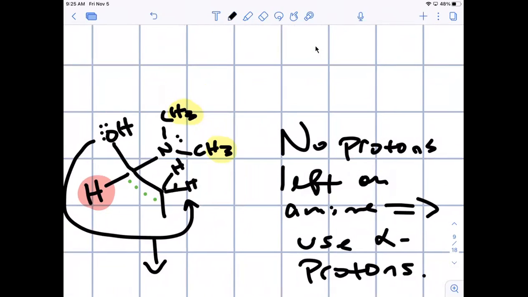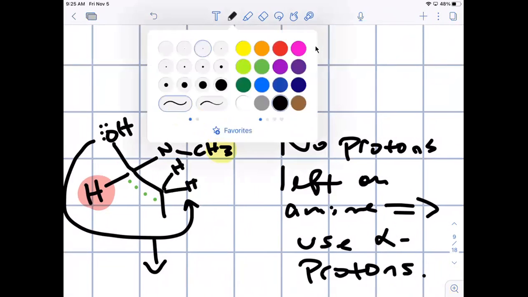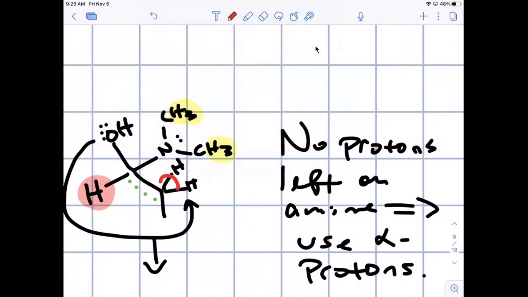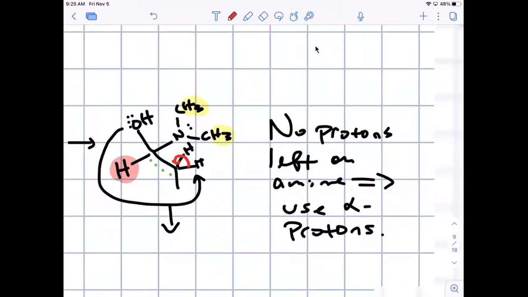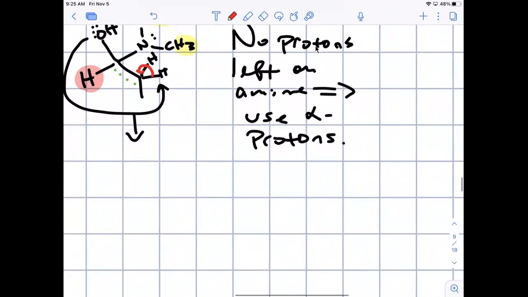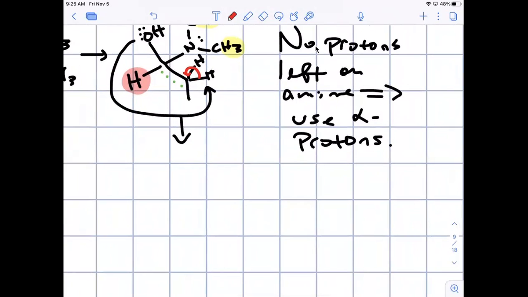Right, and then that pair of electrons I'm putting here on the carbon, like that. So I'm going to make a carbon anion at that site. So then my intermediate is going to look like this, right? Here I have a hydronium.